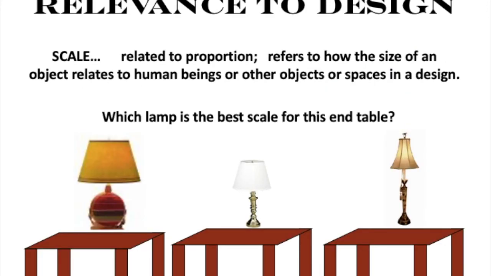Here's another one. So scale, if you want to relate it to proportion, it refers to how the size of an object relates to maybe the human being. And this is the example that they use in interior design a lot, referring to how the size of an object relates to human beings, because you need to look at the setup in your home and see if things are in proportion, or you can even relate to other objects and spaces in your home as a designer.